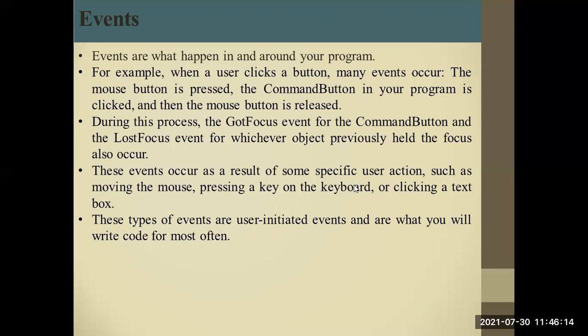Or we can say whatever happens in and around your program can be an event. For example, whenever the user clicks a button, the event will be created. Whenever the event is created, there will be an event handler.